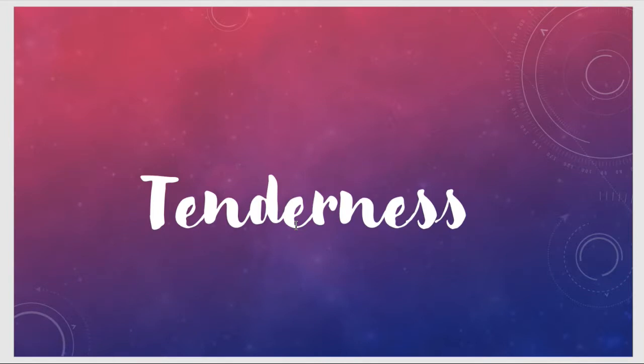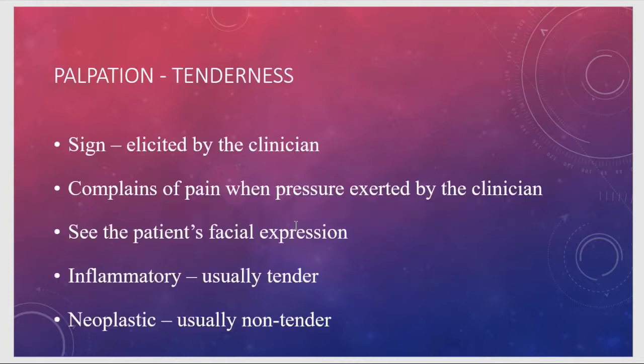Next is tenderness. After checking the overlying temperature of a swelling, the next important thing is to check the tenderness. Tenderness is a sign, you already know that, and we are supposed to elicit it, not the patient to tell us, okay, I'm having tenderness.